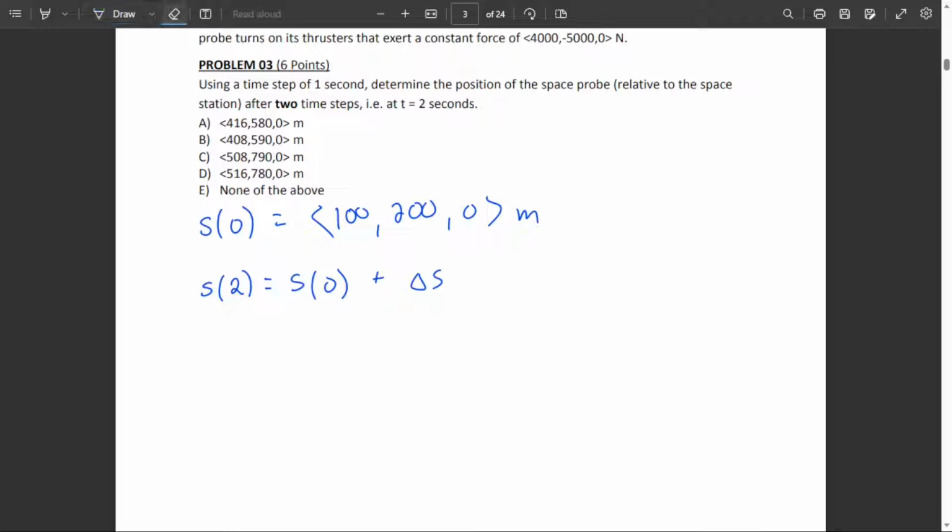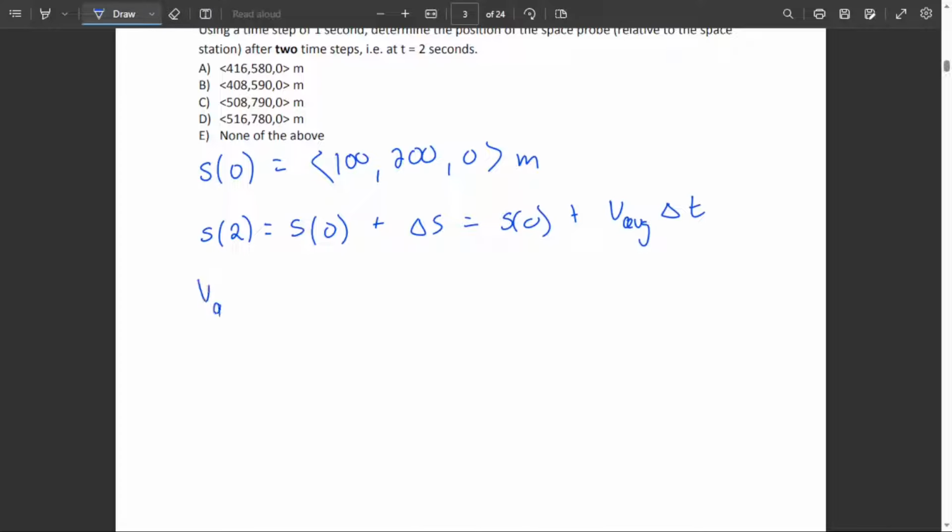So that would look like this, and this is where the constant force comes in. Because the force is constant, the velocity is linear, and because the velocity is linear, that means if we take the average velocity by just averaging the velocity from t equals 0 and t equals 2, that'll be the actual average velocity along the entire window.